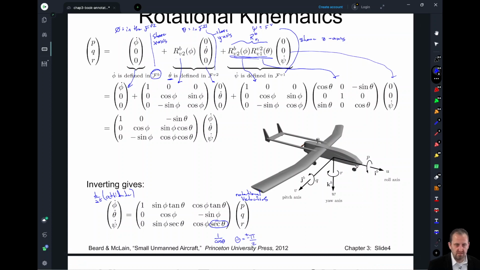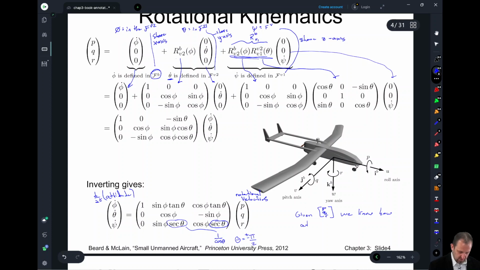As long as theta is not plus or minus pi halves, then we don't have this singularity, and we're good to go. We see it here as well, right? Excellent. So we can invert it, and now given P, Q, and R, we know how our attitude varies with time.